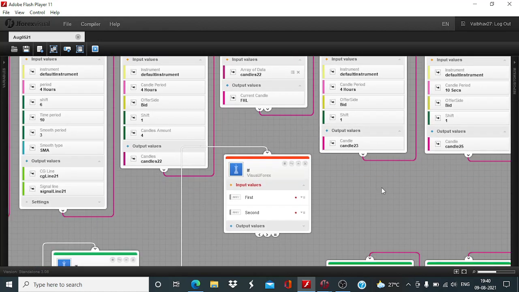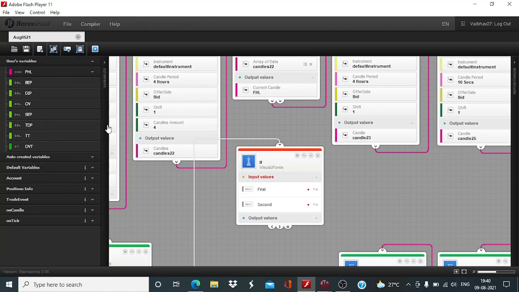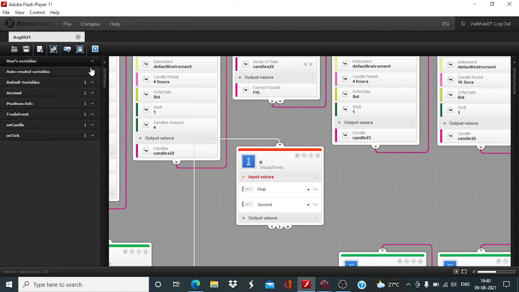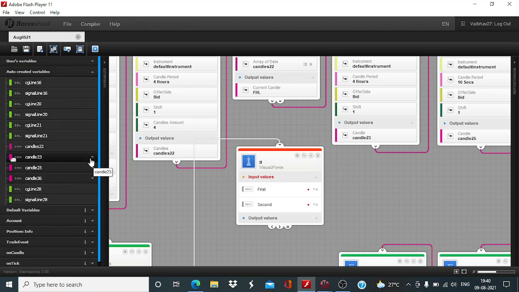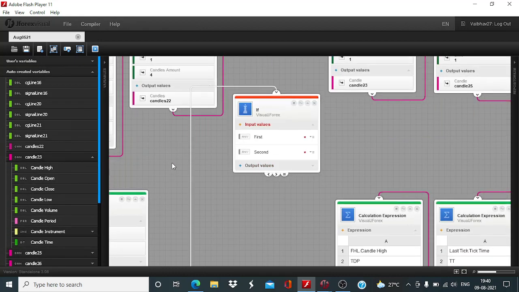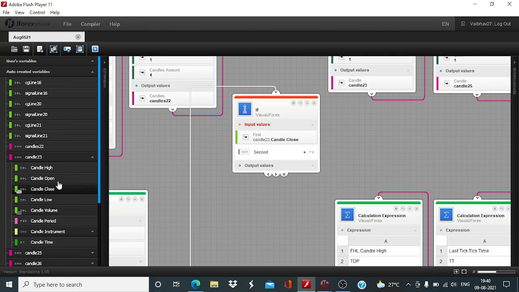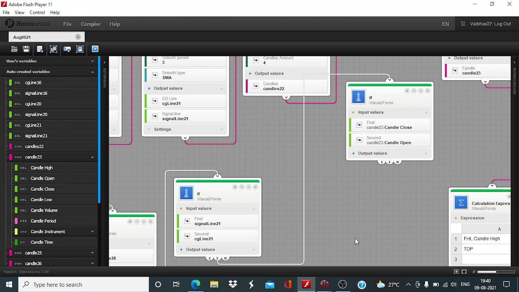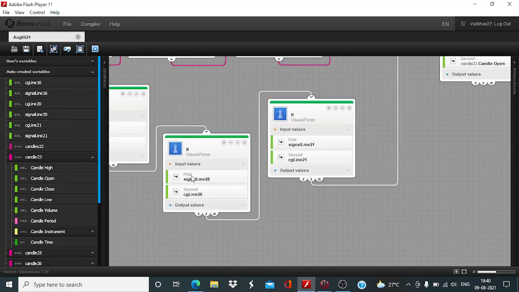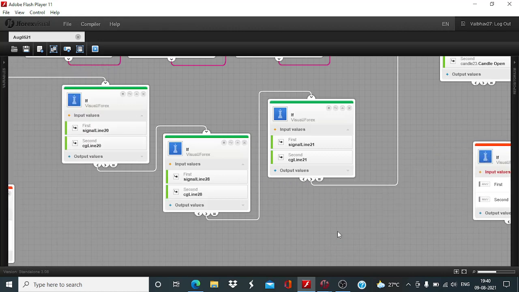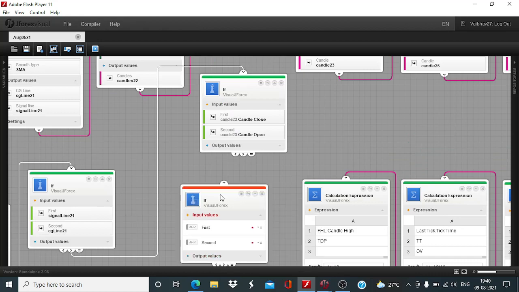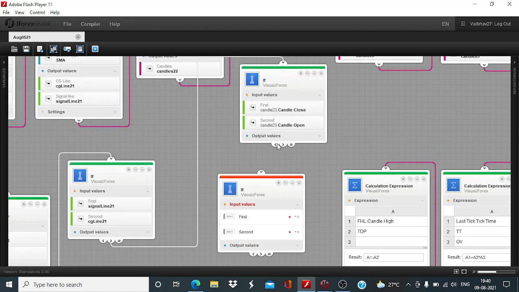We have this candle 23rd, candle 23rd's closing value will need to be less than the opening value.